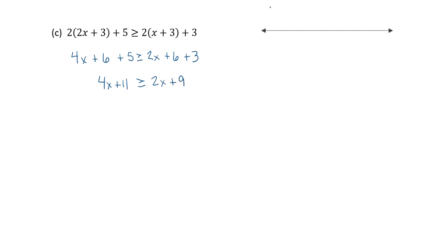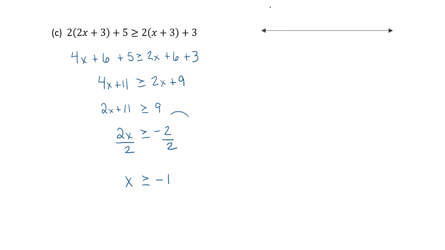Let's subtract 2x from both sides. And we'll subtract 11 from both sides. And then divide both sides by 2. And I get x is greater than or equal to -1.